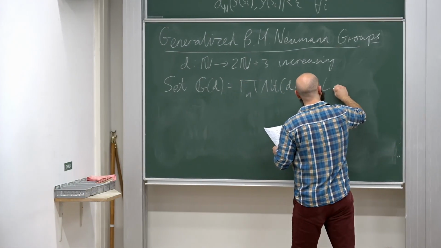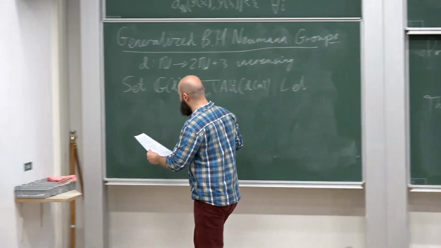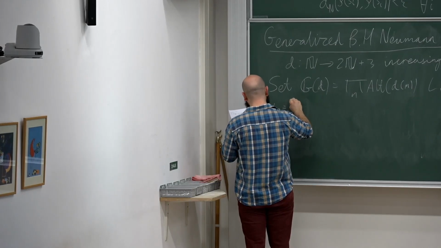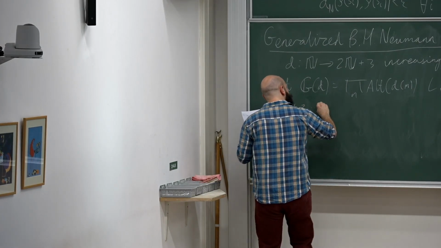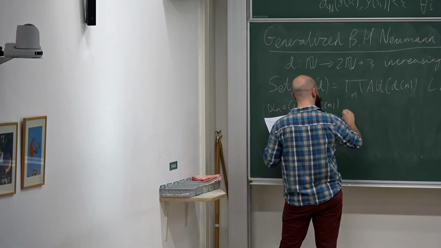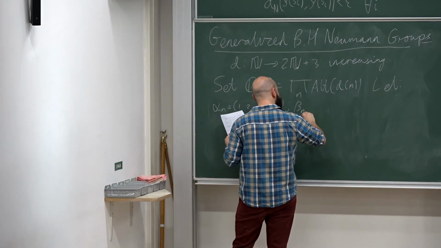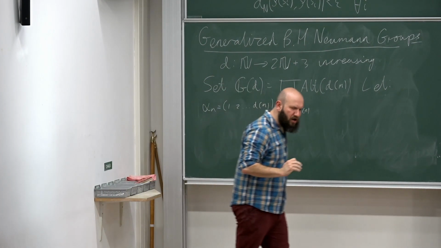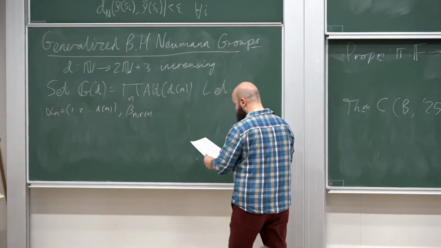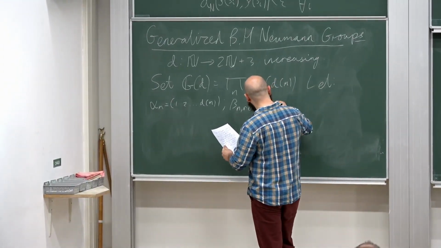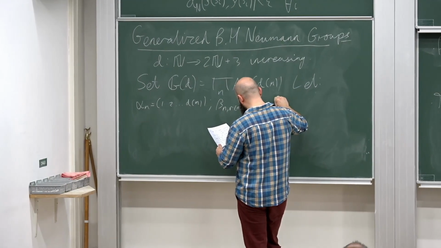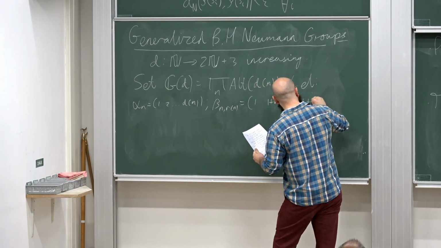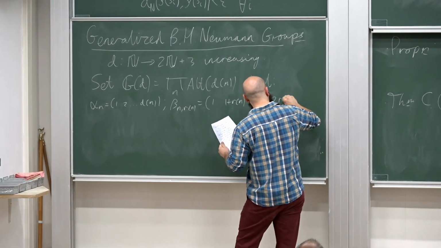And I will pick two elements from this direct product. I have a sequence alpha, whose nth term alpha n is just the standard cycle of length dn, and beta sub n, where Rn is some other sequence that I will say more about in a moment. This is a 3-cycle with support 1, 1 plus Rn, and 1 plus 2 Rn.